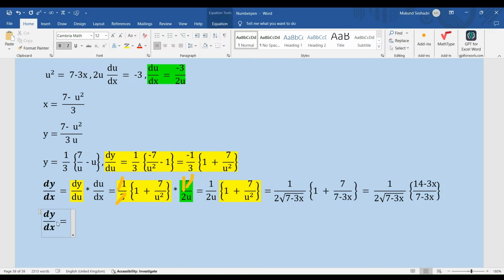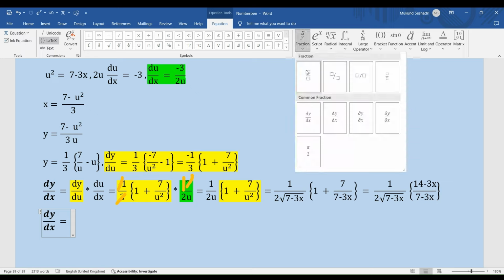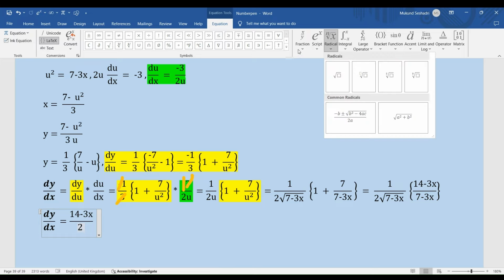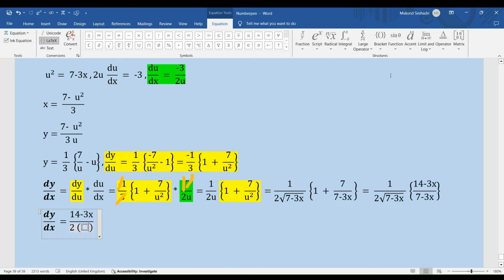My dy by dx, my numerator I write it as it is, which is my 14 minus 3x. And then my denominator is, I have a square root of 7 minus 3x. I have a 7 minus 3x. So I know that I can write it as, I open my bracket, 7 minus 3x, the whole power 3 by 2.